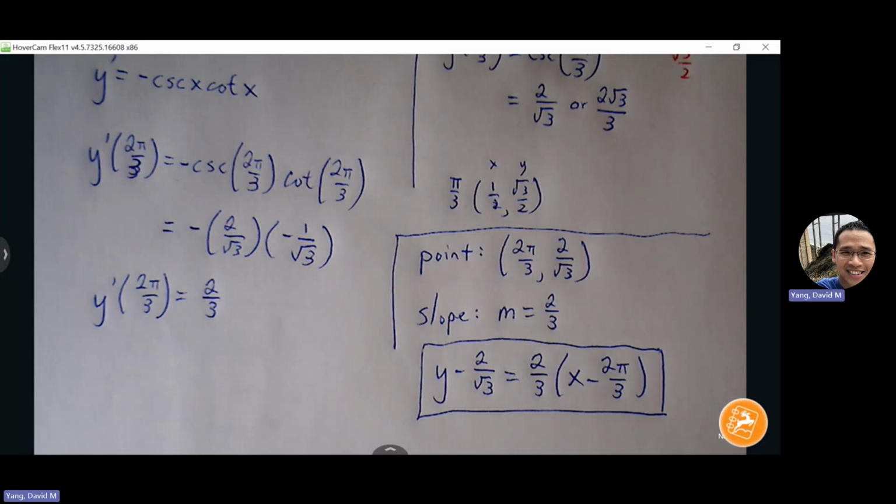Always point slope form. Yeah, always point slope form. I mean, you can put it in other forms too, but this is the easiest, most efficient way to get to a linear equation of a line.